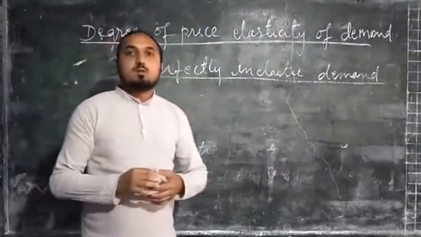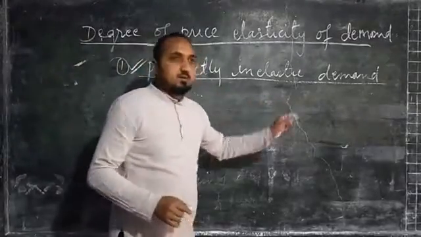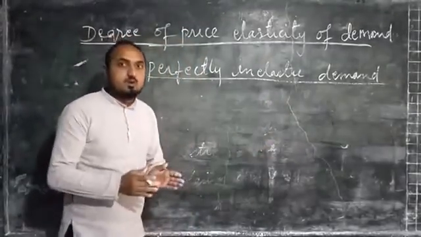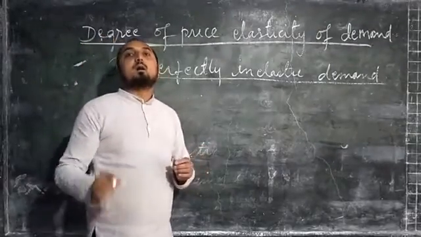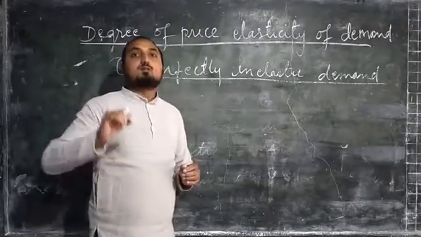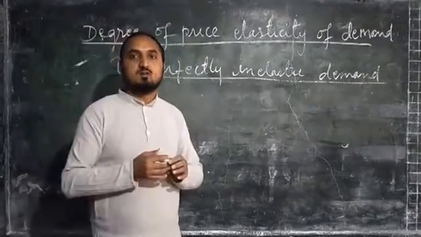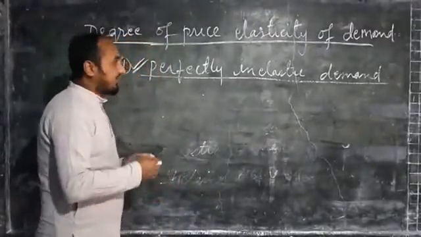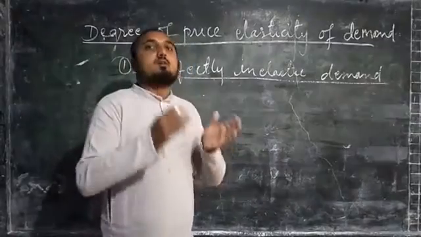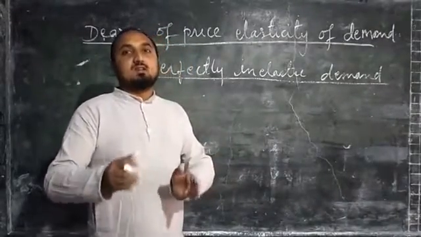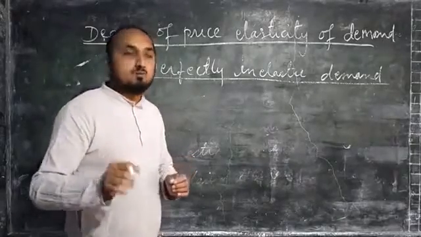Okay, now we are going to explain what is perfectly inelastic demand. So the definition says that when quantity demanded of a commodity does not respond to change in its price, then the value of price elasticity of demand will be 0.